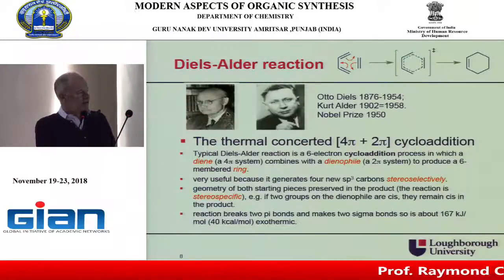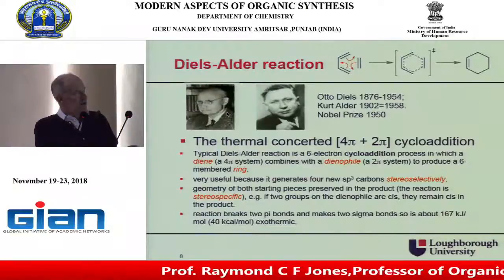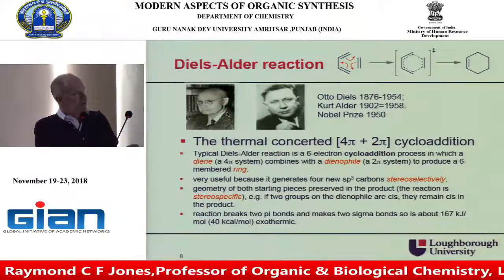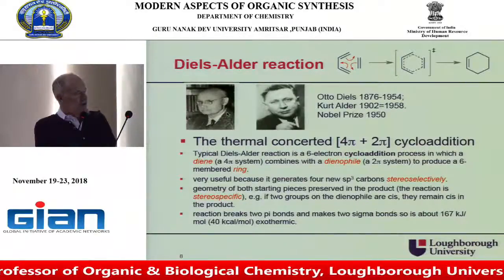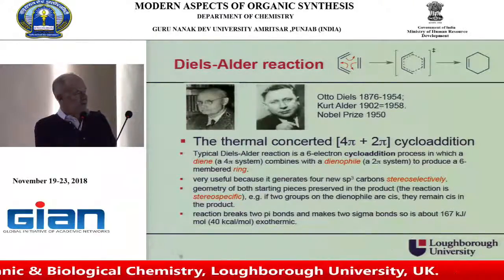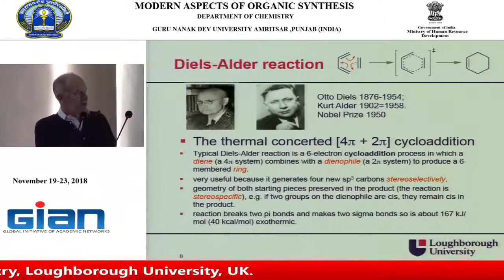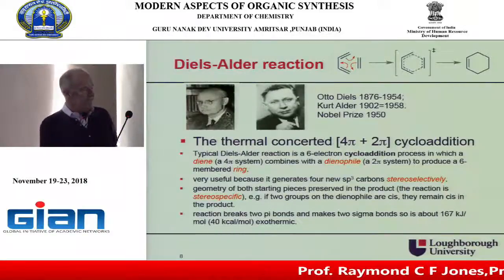An obvious example of that is if 2 groups on the dienophile, the alkene, the 2-pi component, you could have substituents at either end, and if they start out as cis or Z in the starting material, they remain cis in the cyclohexene product. And if they start out as trans or E, they remain trans in the product, and so on.